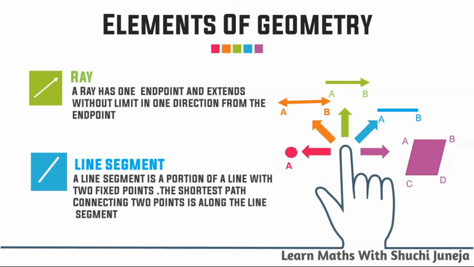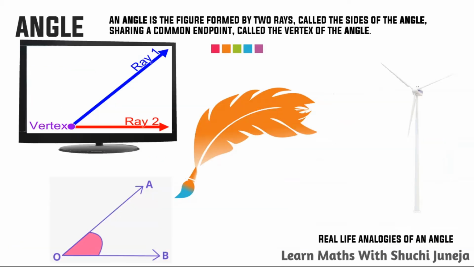I repeat myself, it is a part of a line that is bounded by two distinct points. It is the shortest distance between the 2 points. If we make a real life connect of a ray, the best example would be the rays of the sun, while that of a line segment is the shortest distance between 2 places. That is known as line segment.